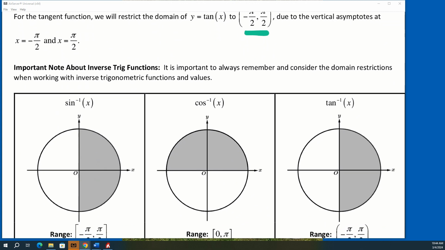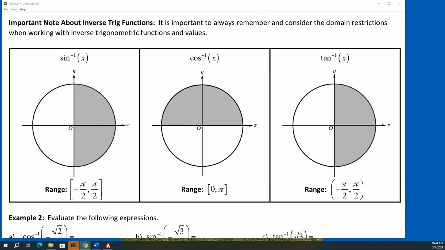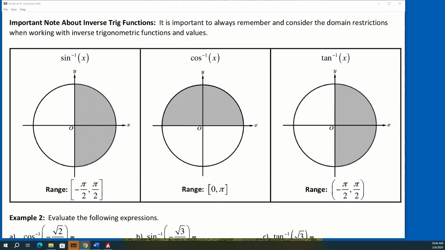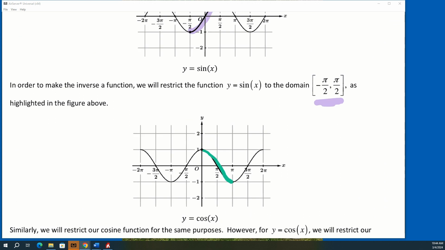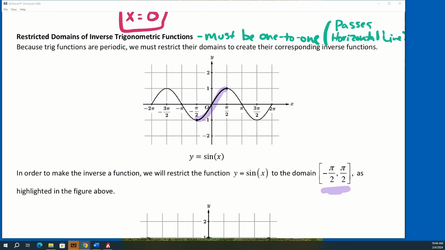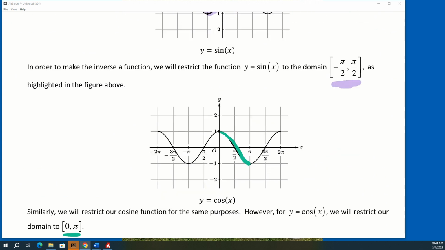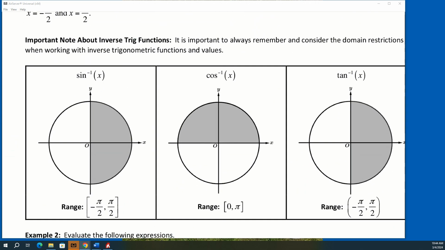So if you guys remember, whenever you have inverse functions, their domain and range are switched. So we restricted the domain for sine to negative pi over 2 to pi over 2. So that is the range of the arc sine.